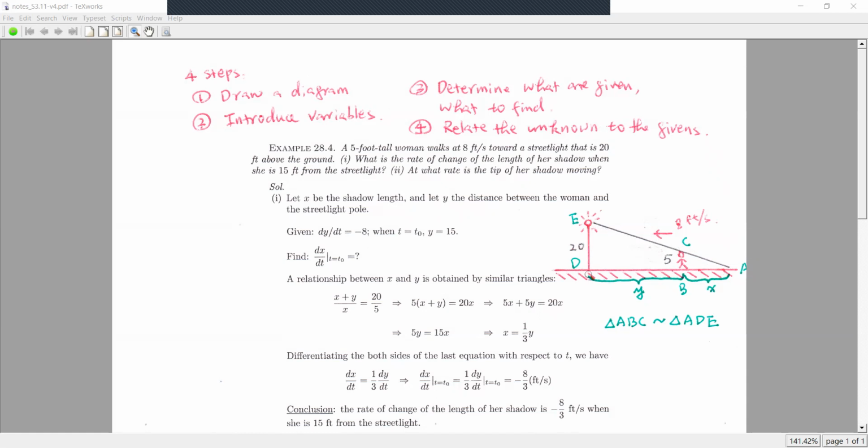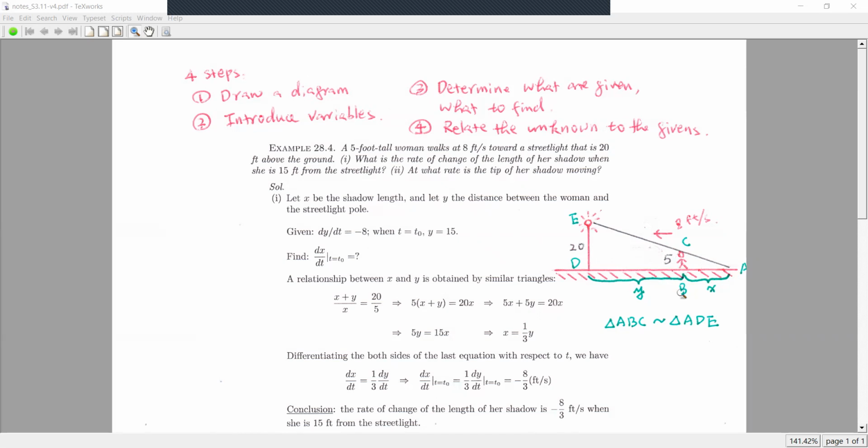Because these two triangles are similar, the ratio of their corresponding edges is constant. Therefore, AD, this edge, over AB, this edge, is equal to DE over BC.